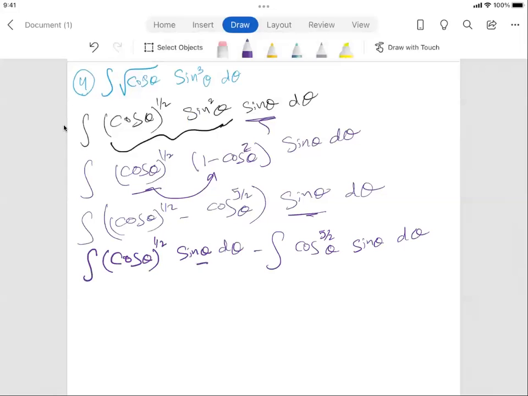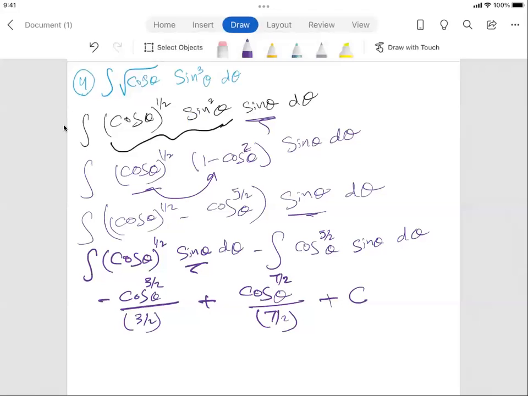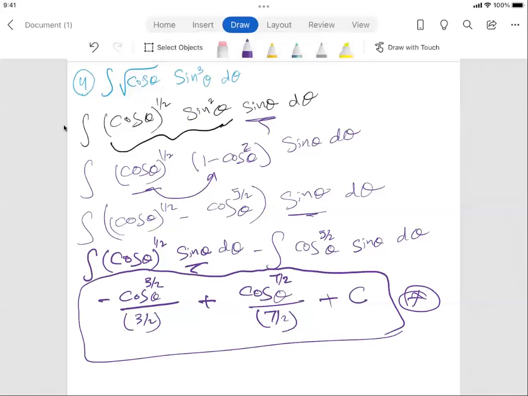Again, derivative of cosine is negative sine, so this one becomes negative cosine of theta to power 3/2 divided by 3/2. The derivative of cosine is negative sine, and I have the negative, so it will become plus cosine of theta to power 7/2 divided by 7/2 plus c. So that's the final answer.